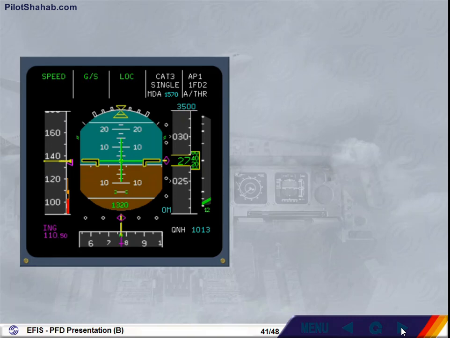Now let's look at another useful indication available on the PFD, the flight path vector.